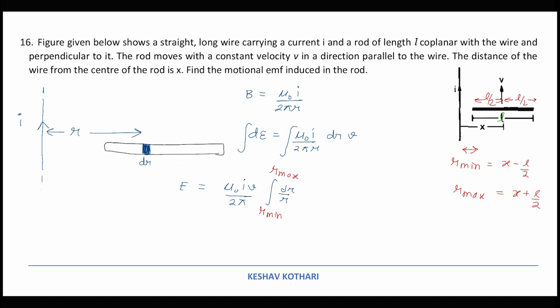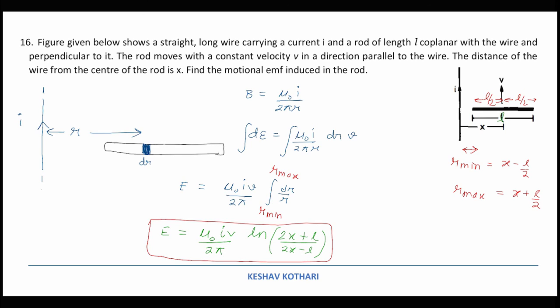So if we put the value over here, integration of 1 by r is ln r. So we obtain mu naught I v upon 2 pi ln of (2x plus L) upon (2x minus L). So this is the expression for EMF induced along the length of the rod that we attain.